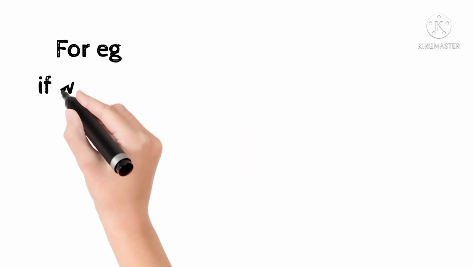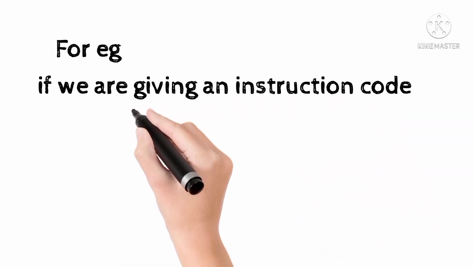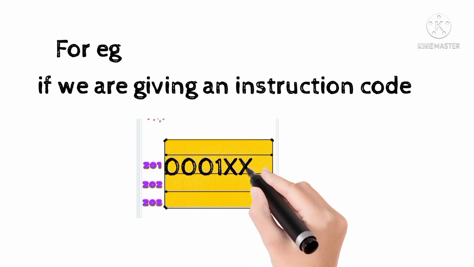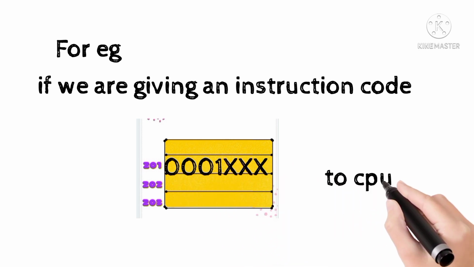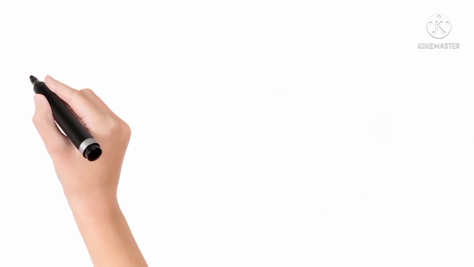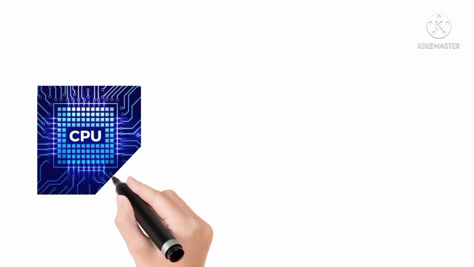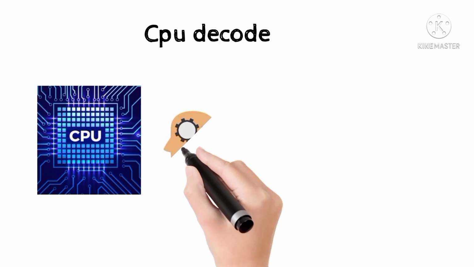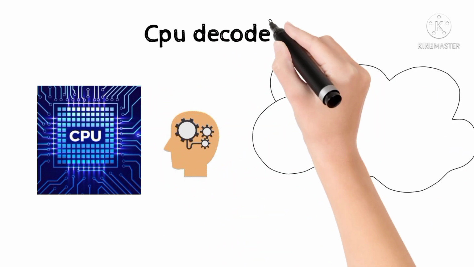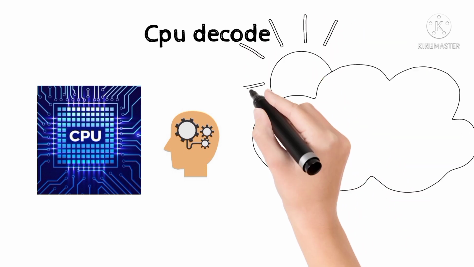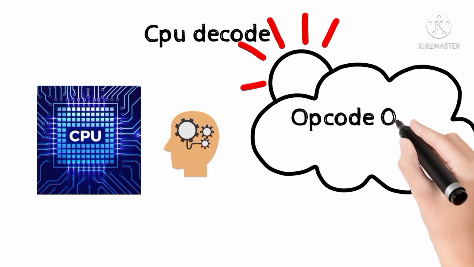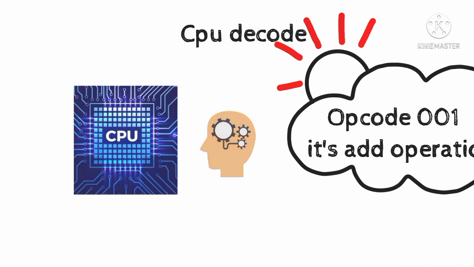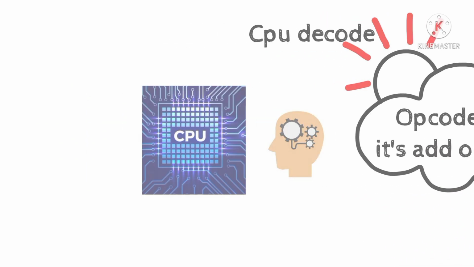For example, if we have an instruction code 0001XXX, here XXX is used to represent the memory address. Firstly, our CPU will decode the instruction code and check the opcode bits, that is the 12th to 14th bit, to identify whether it is a memory reference, register reference or IO instruction.